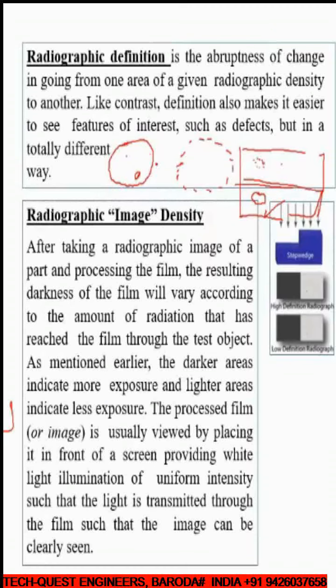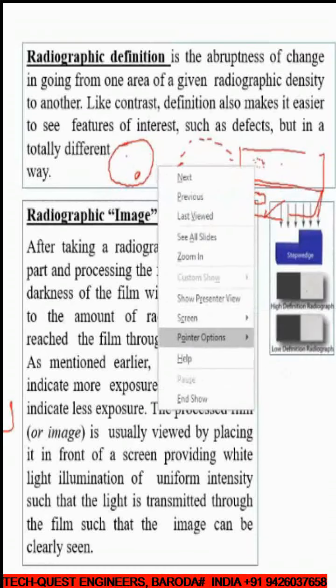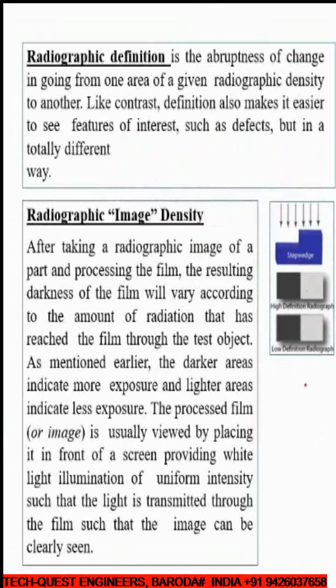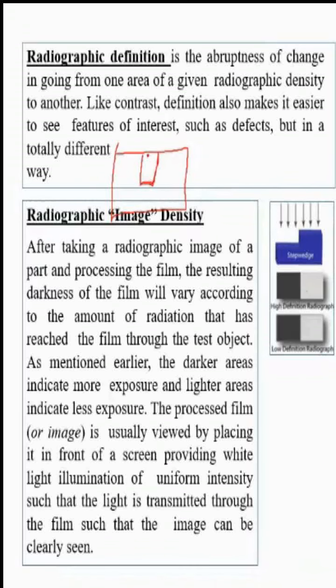So definition again comes from what? Definition is dependent on what? On the type of radiograph as well as the type of defect or geometry present in the job. For example, I'll draw a job over here. Say this is the type of job with a hole in it. There is a hole in it and we are taking radiography, right?